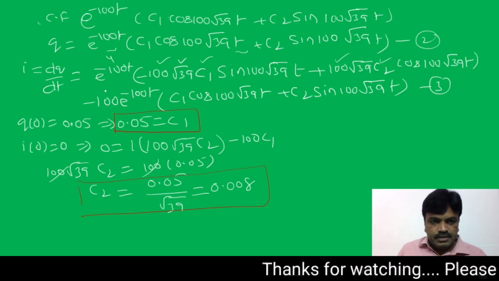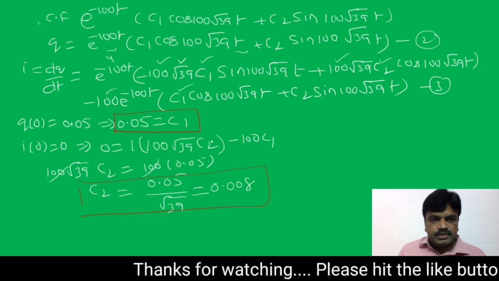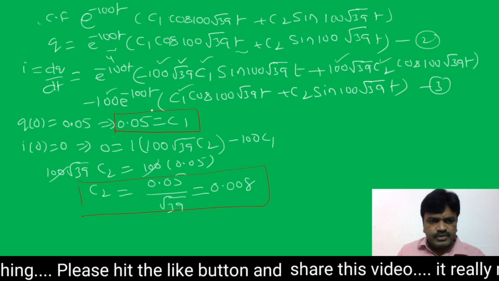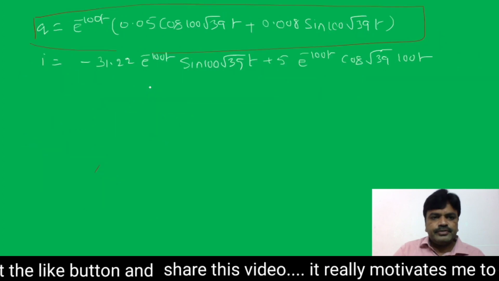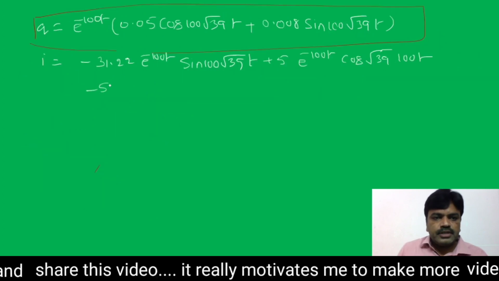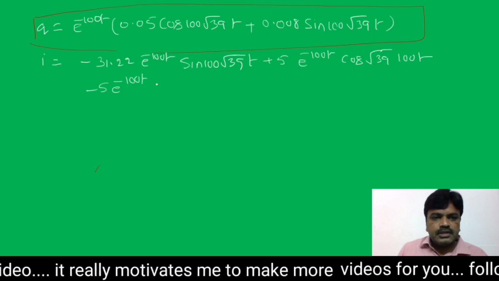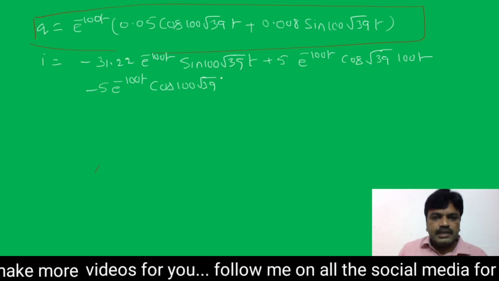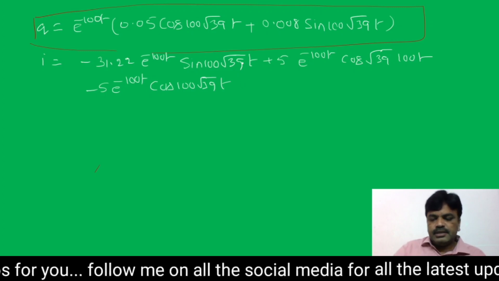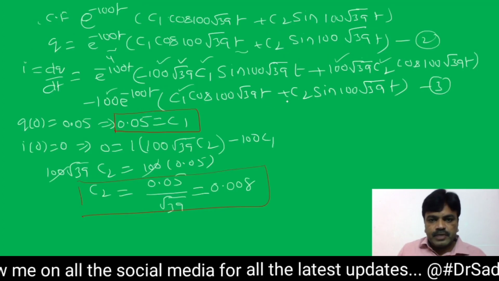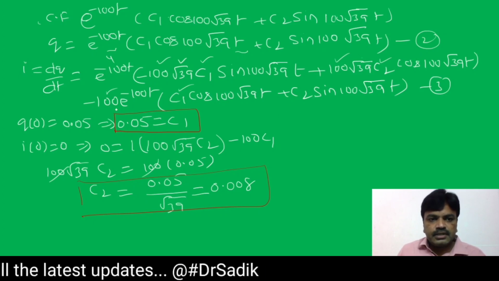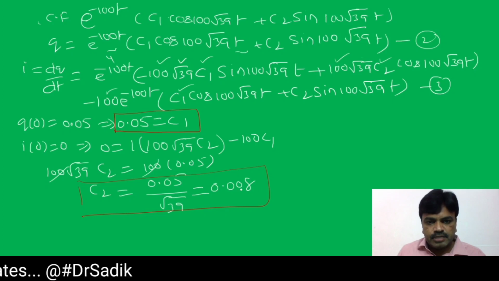And then here 100 into C1, 0.05, means we get minus 5. So minus 5 e power minus 100t cos 100 root 39t, and then multiply with minus 100 into C2, which is 100 into 0.008, that means 0.8.